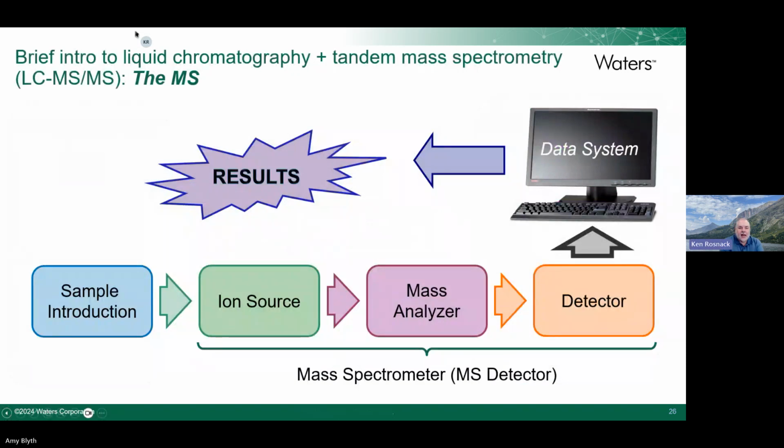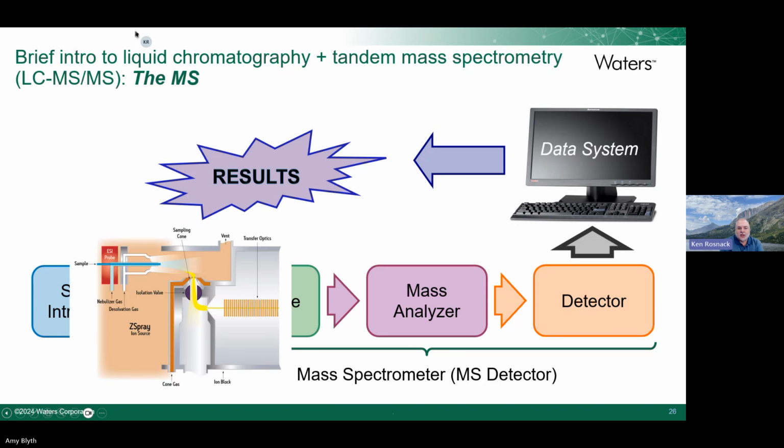And so you have that LC feeding the mass spec. Where it goes first is called the ion source, and in this case, we're talking about electrospray ionization, or ESI, if you've ever heard that acronym. You have a sprayer and some nitrogen nebulization gas, and you spray at an inlet cone, and that cone draws the sample in, it desolvates, and then charged ions come out all the way into the detection system.